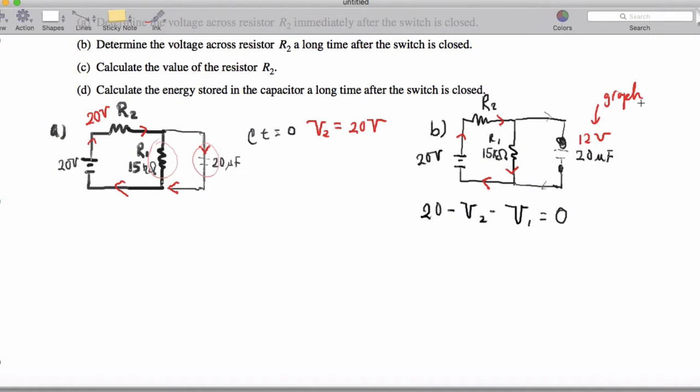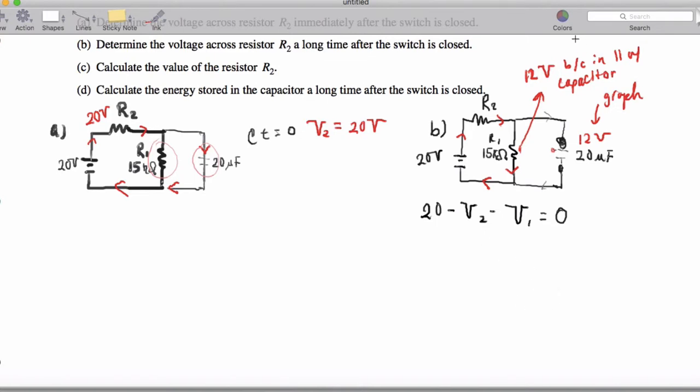The next conclusion I reach is that this 15 kiloohm resistor is in parallel with this capacitor. Because it is in parallel, it also has 12 volts. I'm just making a note that it has 12 volts on it because it is in parallel with the capacitor.